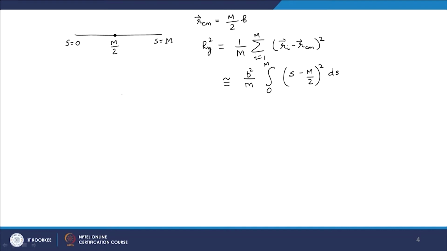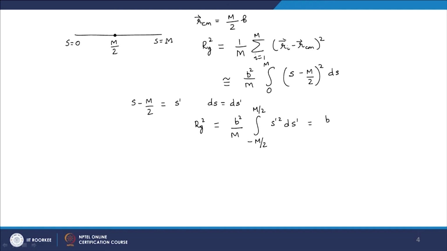Again I can represent s minus m by 2 as, say, s prime, the standard variable transformation, and then ds will become same as ds prime, and so Rg square will be... the limits: 0 minus m by 2 is minus m by 2, and m minus m by 2 is m by 2. So, s prime square ds prime, ds is same as ds prime.